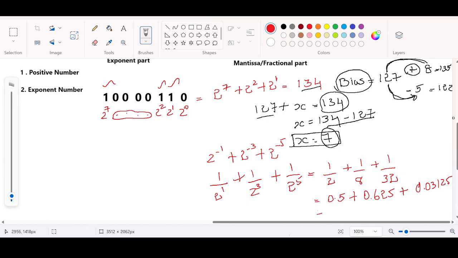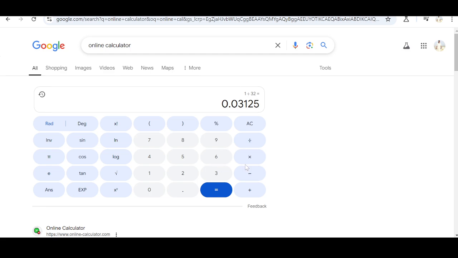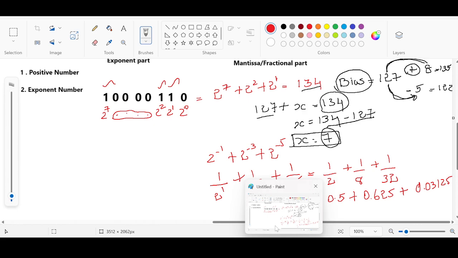You add all these numbers 0.5, 0.625. Let us see what we get. 0.5 plus 0.625. 1.15625. Yes, 1.15625.